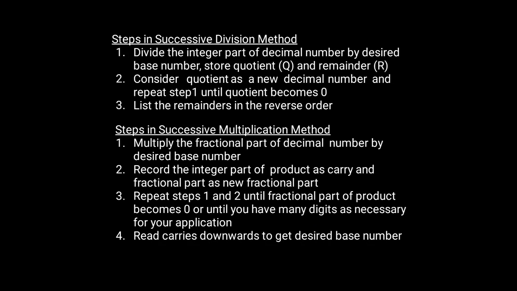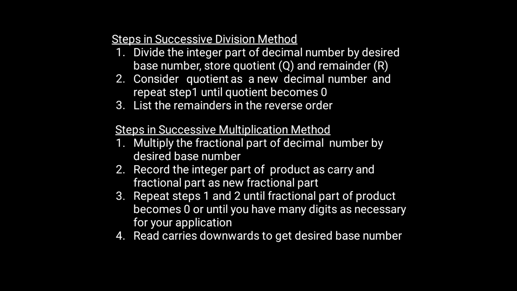Okay, next, for the fractional part, by successive multiplication methods, see the procedure properly. Multiply the fractional part of the decimal number by the desired base number. Record the integer part of the product as a carry and the fractional part as a new fractional part.